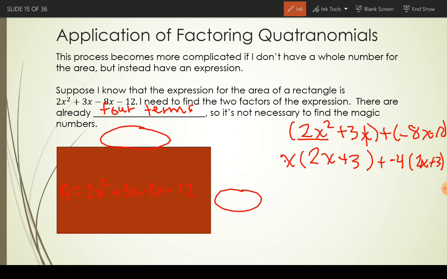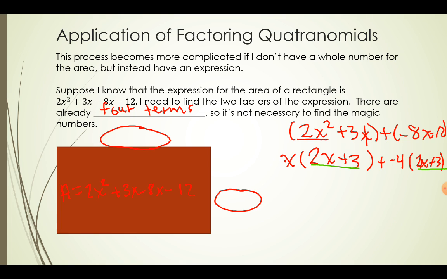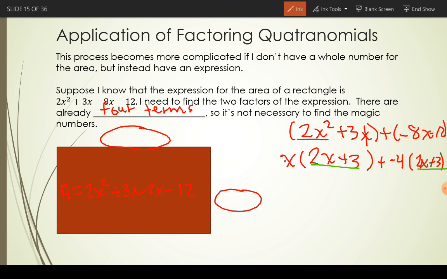We know we did this correctly because we have the same terms inside of our parentheses. So if we write down our factors, they are 2x plus 3 and x minus 4.